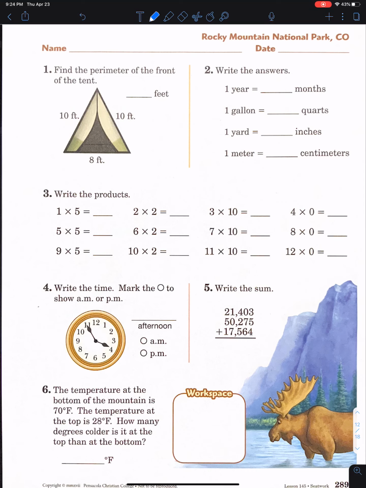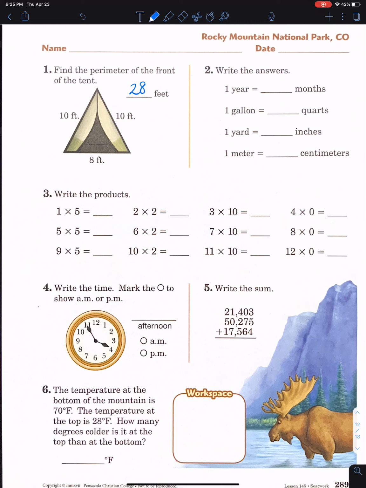Those are each 10 feet long, and the third side is 8 feet long. So to find the perimeter, we add them together. 10 plus 10 equals what? 20. And 20 plus 8 equals 28. So the perimeter of the tent is 28 feet.